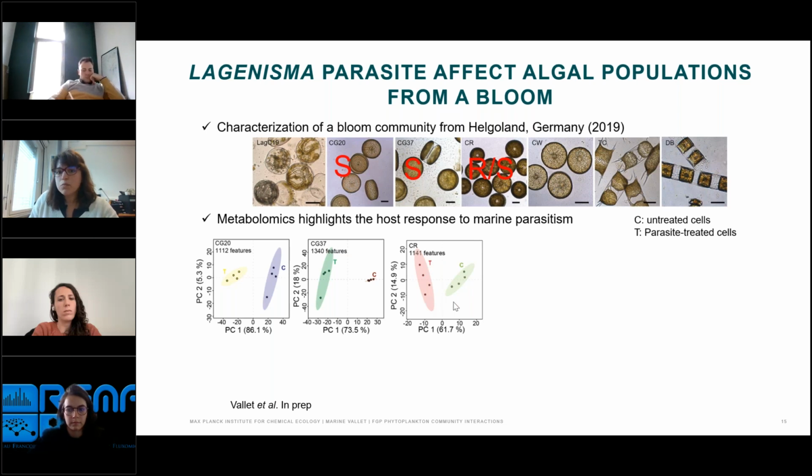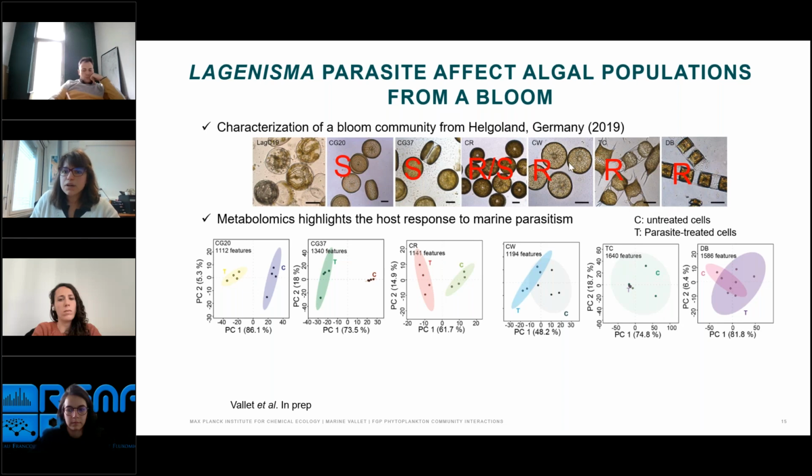And within the population, there were also strains that were not infected, but were what we can say resistant. Interestingly, the cellular metabolome was not so much changed, excluding one of the Coscinodiscus species, Coscinodiscus wailesii, and we postulate that maybe the exposure to the parasite triggers some compounds related to the resistance.